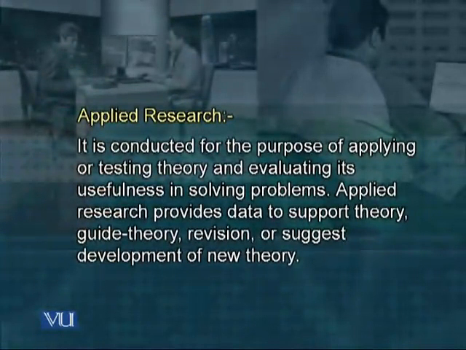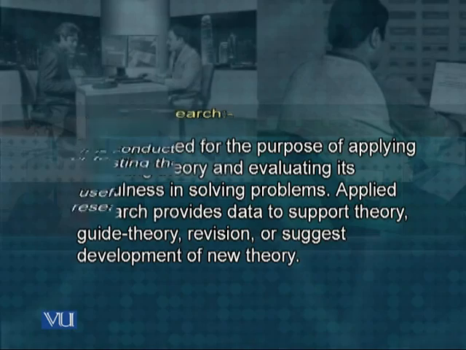It says, is conducted for the purpose of applying or testing theory and evaluating its usefulness in solving problems. My dear students, when you study something, in my previous lecture, I pointed out the keywords.